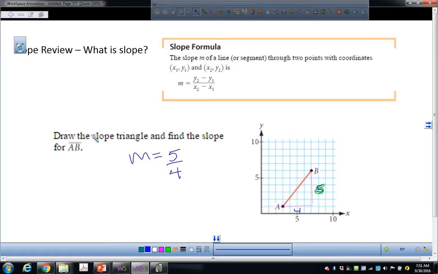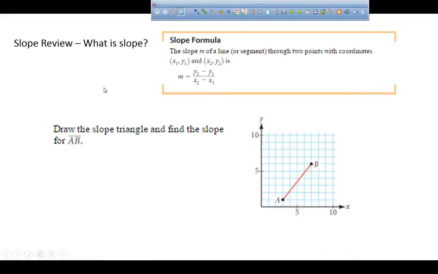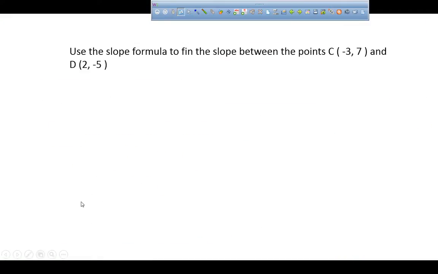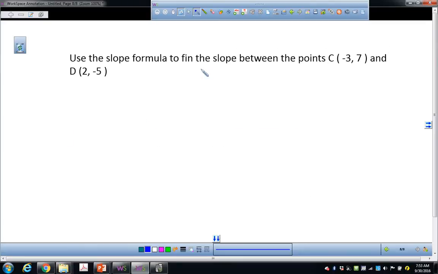Can I move on to the next and final slide? Yes. Okay. The next thing says find the slope between 2 points. All you have to do is use the formula y2 minus y1. If I call this x2 and y2, then I call this x1 and y1.